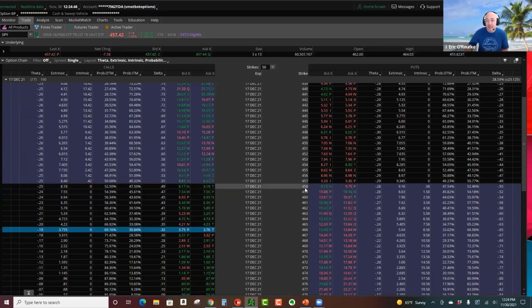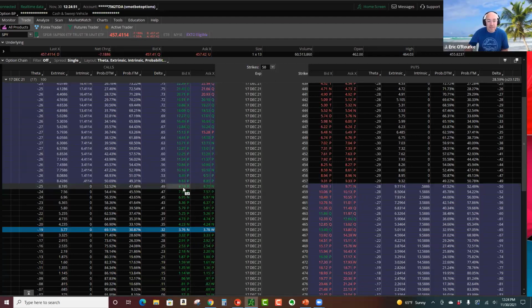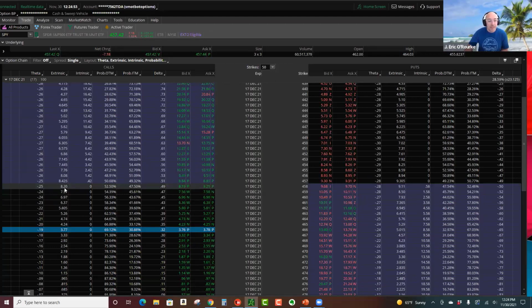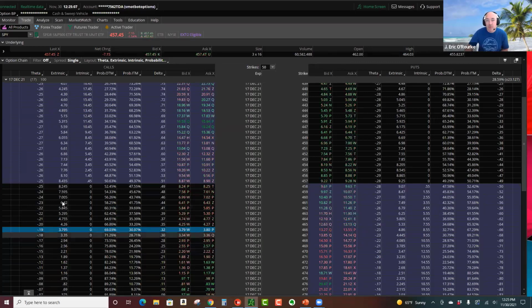So if I look at just this at the money call option, there's $8 in premium here, extrinsic value, and it has a 52% chance of expiring out of the money, right? So there's more meat on the bone the more you go in the money.